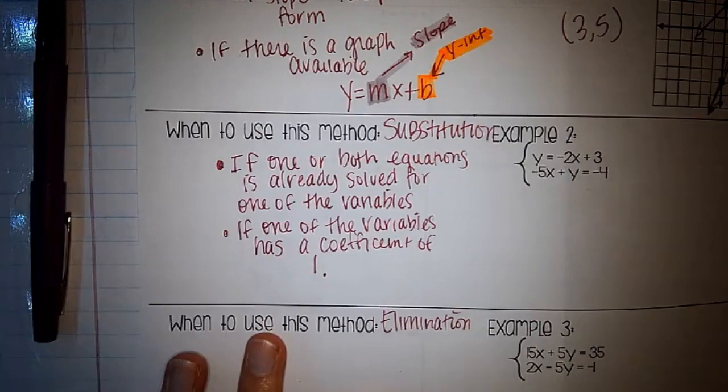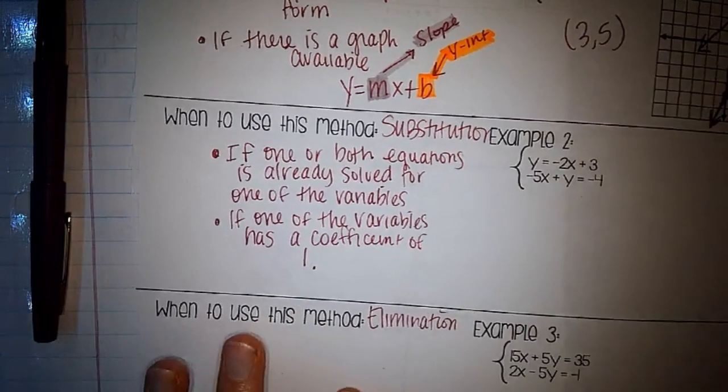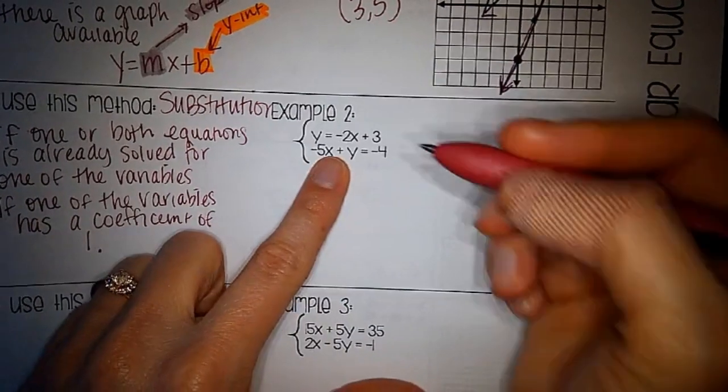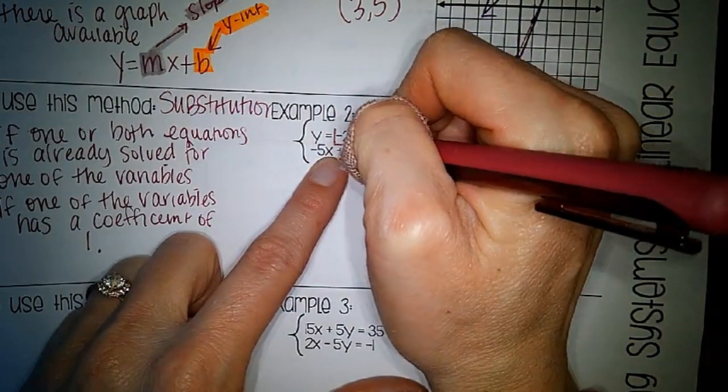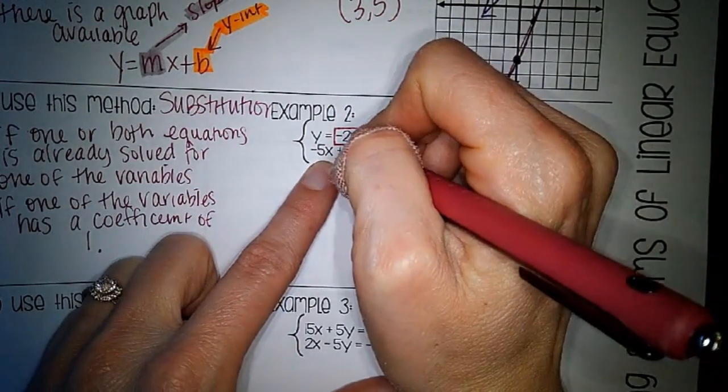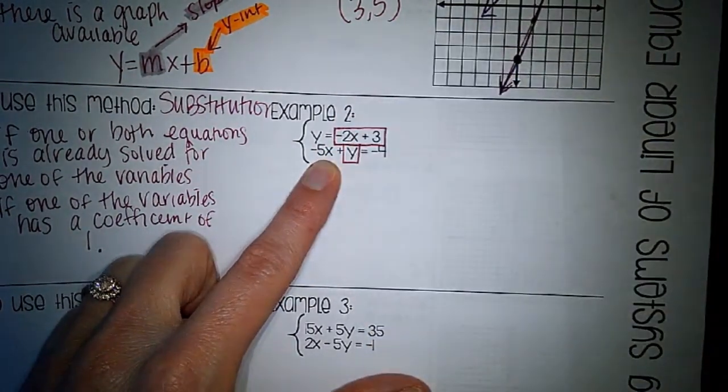Okay, so let's look at our equation. What do you notice about our equations? Okay, one is in slope-intercept form. Does the other one have a 1 as the coefficient? Yes, so let's look. Right here, it's already solved for, and this y has a coefficient of 1.